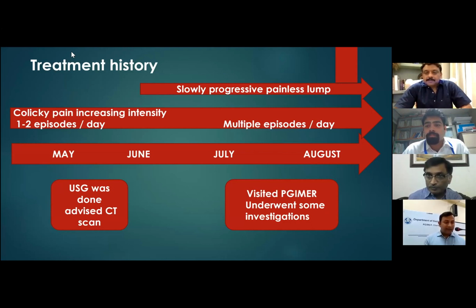Sir, should I go with the second symptom? Yeah. His second symptom, which developed after the onset of pain, is a lump in the right lower abdomen, which he told us is non-painful to touch. Sir, a lump in the right lower abdomen, we have to consider as either bowel origin or non-bowel.